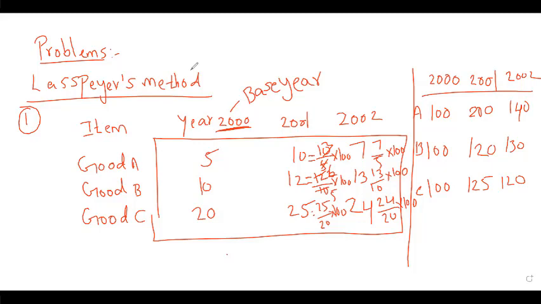Now go to the Laspeyres formula. What is the Laspeyres formula here? Here they are telling 2000 as the base year. So base year means this will become 0, P0.